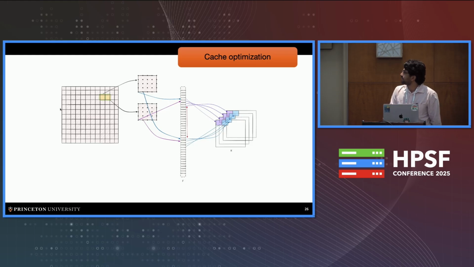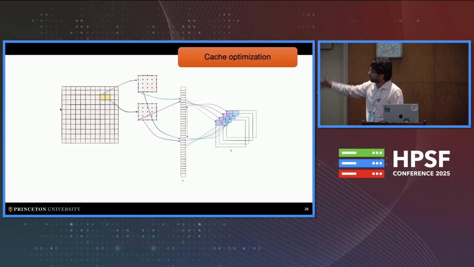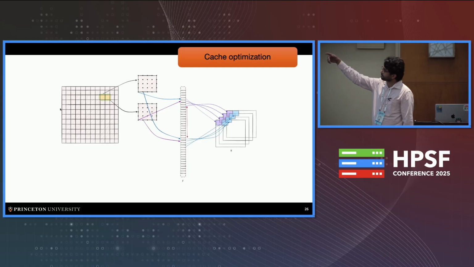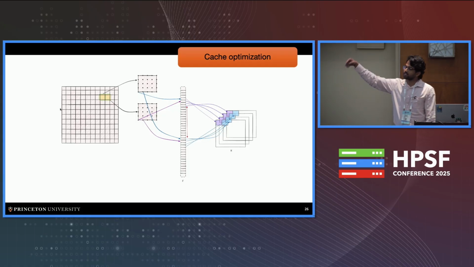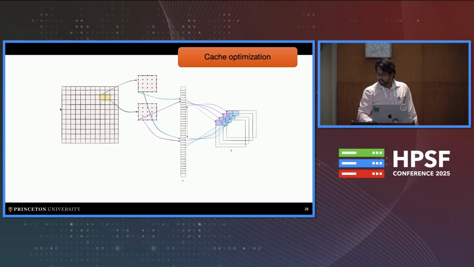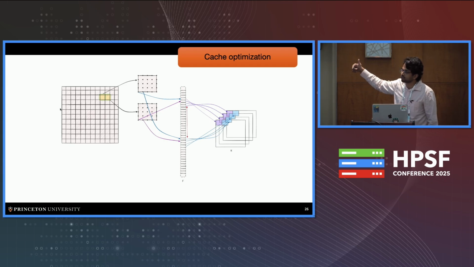I said my layout is layout left, so the spectral element indexing is contiguous. So when I store this in memory, 0,0 of n gets stored first, then 0,0 of n plus 1 gets stored next. Then there's a stride of nspec, the total number of spectral elements, and then 1,1 of n gets stored, 1,0 of n gets stored, and then 1,0 of n plus 1 gets stored.